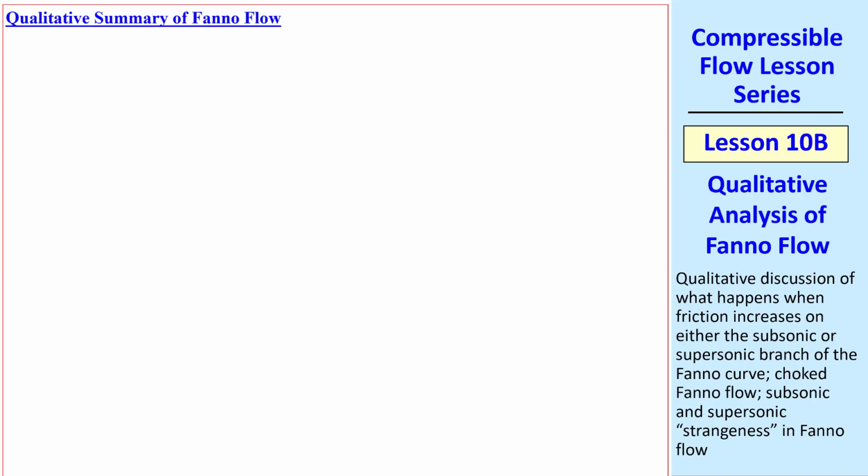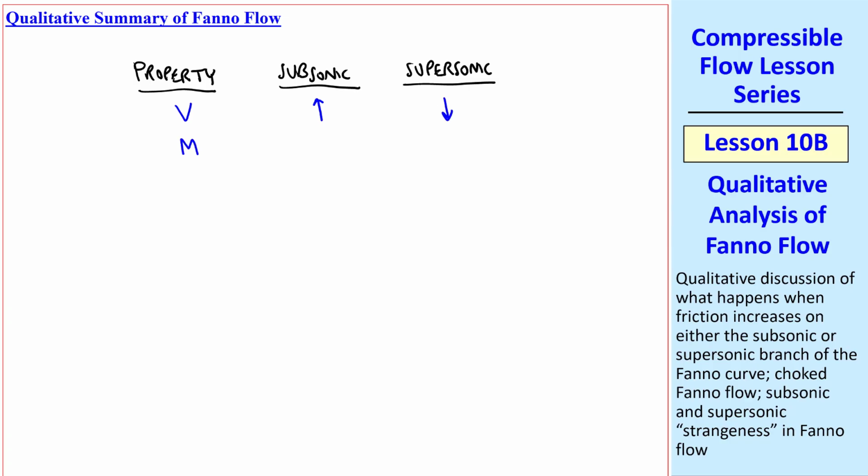Finally, I provide here a qualitative summary of Fanno flow. I'll make a little table again of the property, the behavior in the subsonic branch, and that in the supersonic branch. Speed goes up in subsonic and down in supersonic, the same as Mach number in both cases. And we remember that because M must approach 1 as we go from 1 to 2, heading towards critical flow.